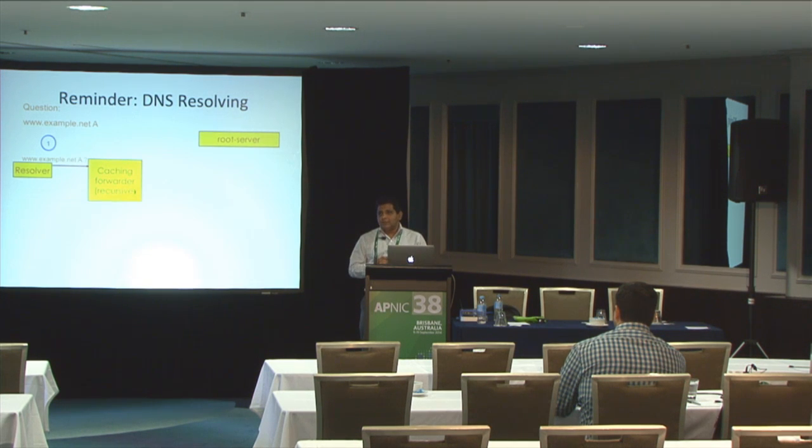So always when these recursive servers or caching servers want to find certain answers on behalf of their clients, they ask the question of the root servers, because root servers sit on the top of this hierarchy, right? So this is where the recursive servers would go and talk to the root servers and ask pretty much the same question or query which is asked by the client or the resolver.